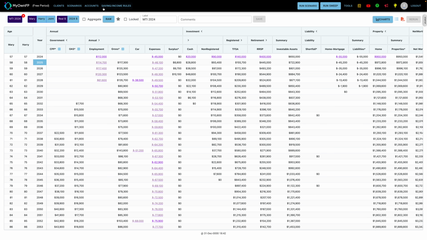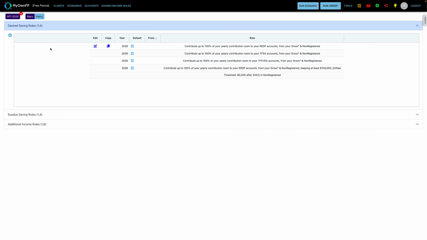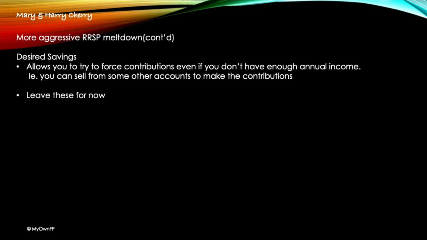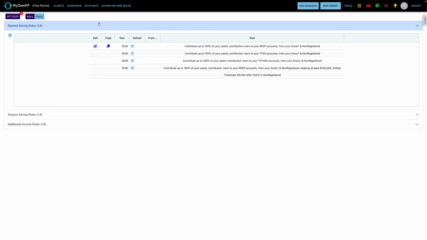And then we're in our MTI 2024 scenario. We have various rules in the system. Desired saving rules are rules for things that you want to contribute, typically to registered accounts. Maybe I have some amount in my gross, but maybe I don't have enough and I need to take some from our RRSP.